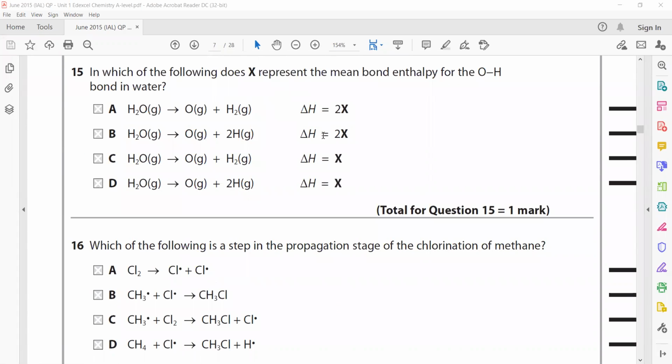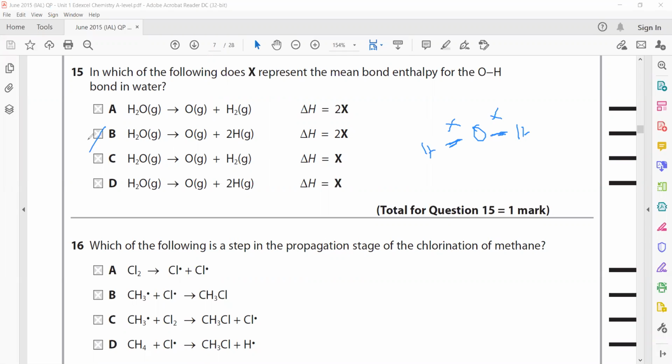Question 15: in which of the following does X represent the mean bond enthalpy? Mean bond enthalpy is the average energy required to break a bond and produce gaseous atoms. Here a molecule is broken, but when H2O is there, 2X means we are breaking two O-H bonds, so each is X and the total is 2X.